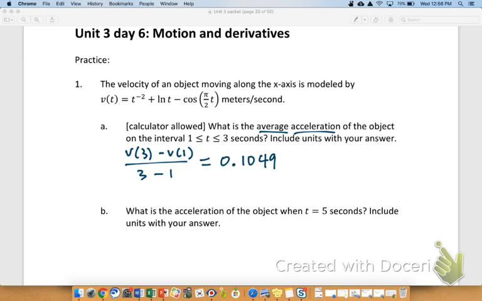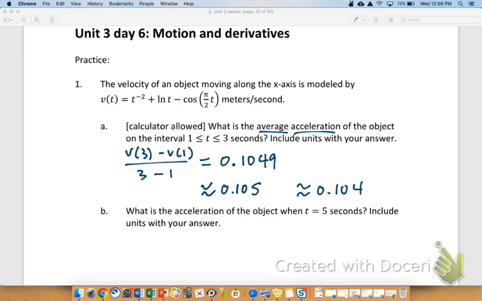So if I gave this answer, I'm 100% correct, full credit, right? If I gave this answer, 100% correct, full credit. Yeah, 3 places to the right of the decimal, right? And honestly, if I gave this answer, full credit, like I said, 3 decimals to the right of the decimal, rounded or truncated.